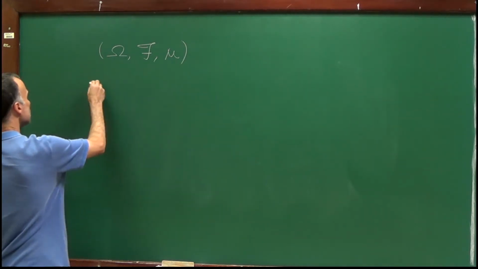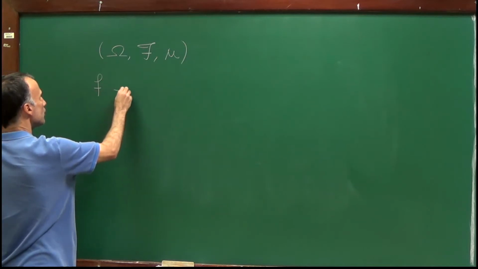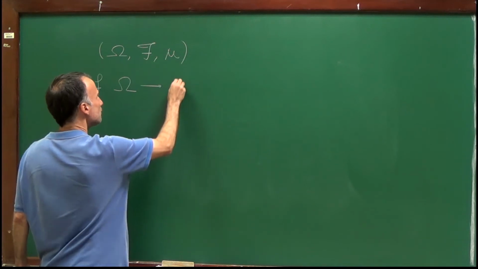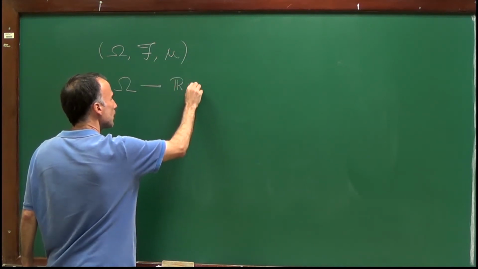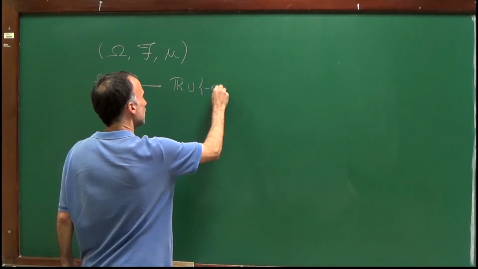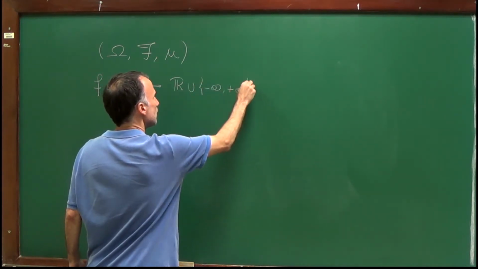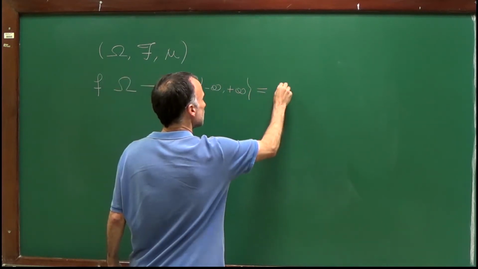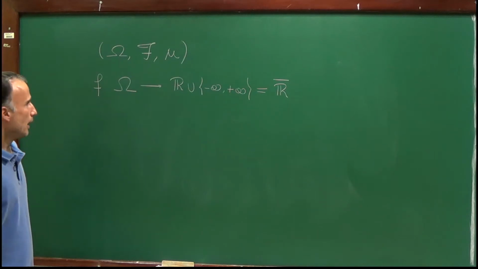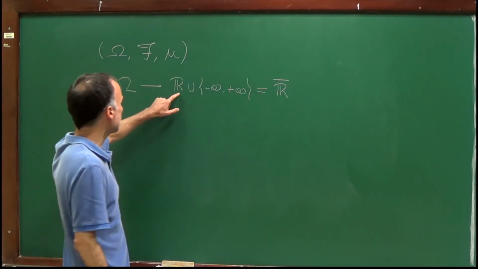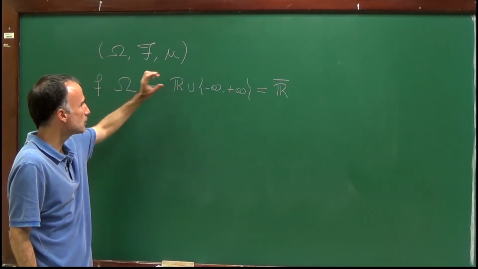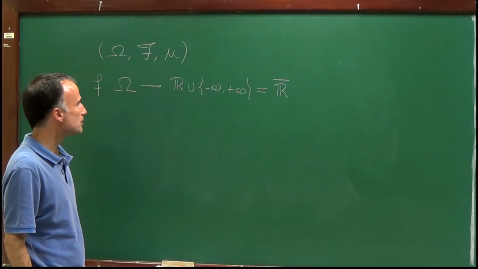And so I consider a function f, which is defined on omega and takes values in R. And in fact, I will allow f to take values minus and plus infinity. And I will call this extended line R bar. And so we have a sigma algebra here, which is the Borel sigma algebra, the sigma algebra generated by the open sets.